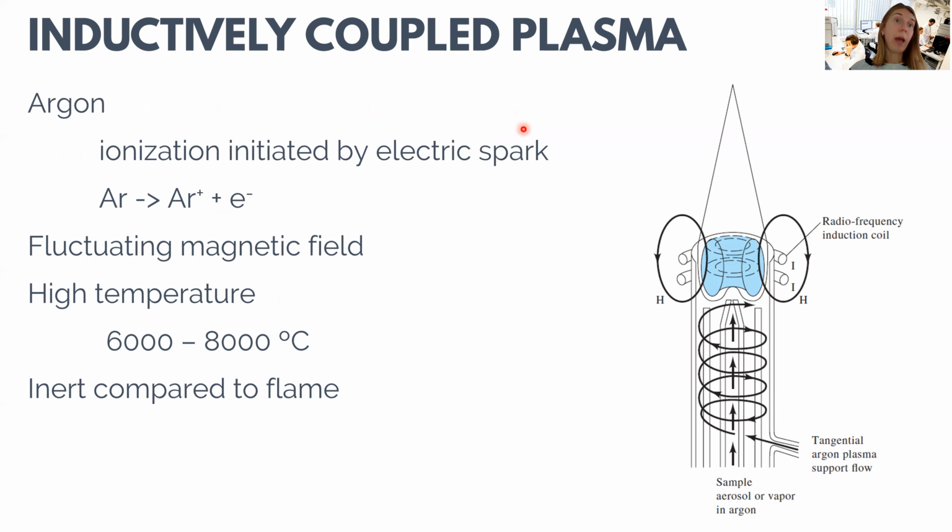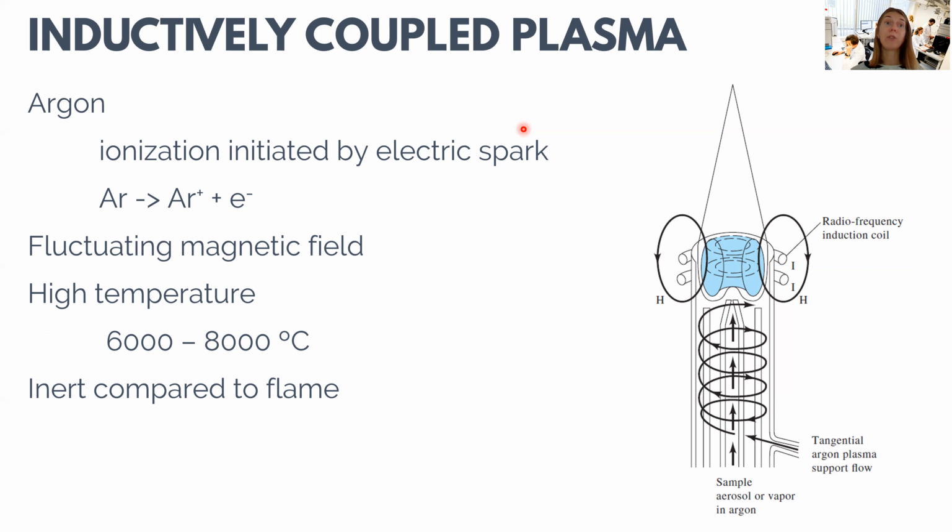For heavier atoms, or atoms to the right in the periodic table, flame is not sufficient to cause any significant amount of excited species in the flame. So this means that they don't emit very much in the flame, and they can't be analyzed.